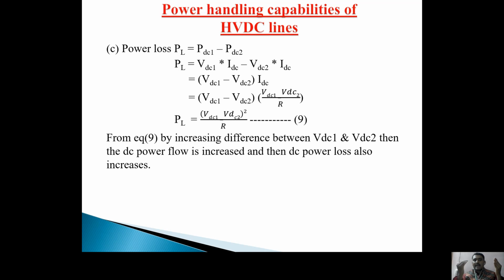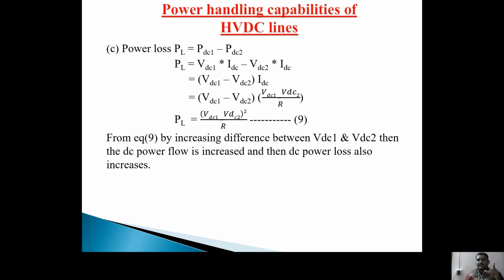Taking IDC common, we get (VDC1 minus VDC2) into IDC, and IDC is (VDC1 minus VDC2) by R. Substituting that equation here, the power loss PL is equal to (VDC1 minus VDC2) whole square by R. Treat this equation as equation number 9, that is the power loss.